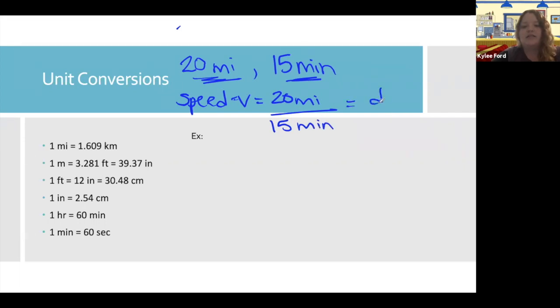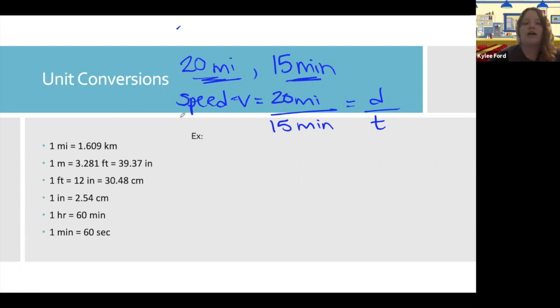Because it's distance over time, right? Well, if I divide it, I'm gonna get something that's in miles per minute. Does that really mean much to us? Not really, because we look at everything in miles per hour, right?